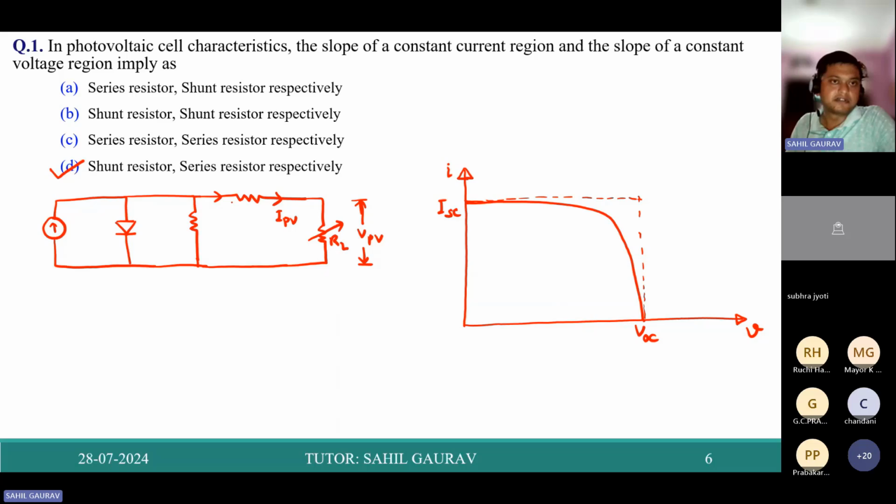See, IPV is already reflected. And then this is the shunt current, this is RSH.